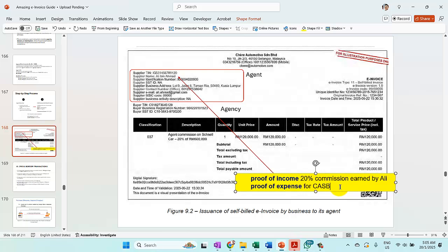So for the government, for HRD Corp, 4%, we still don't know what to do with that, right? I'm still asking for advice from the HRD Corp person in charge.